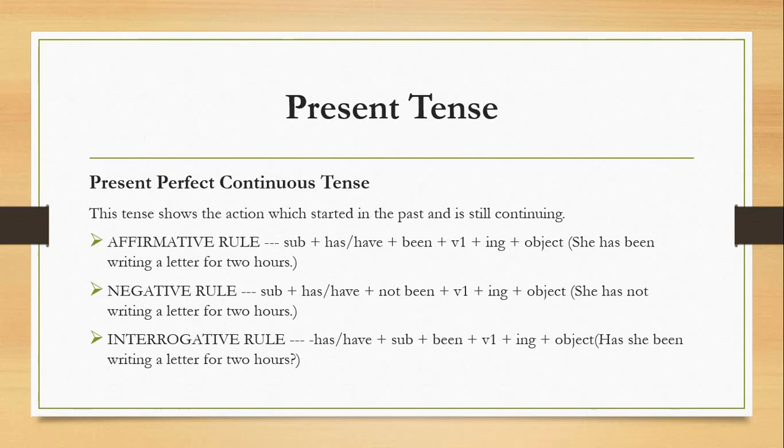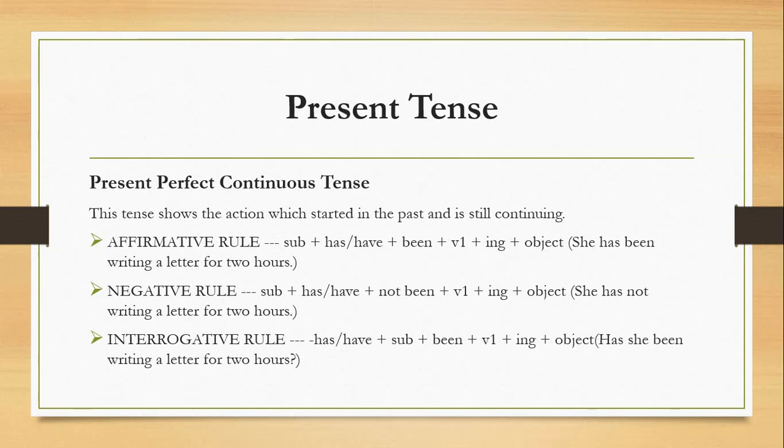So for affirmative: subject plus has or have plus been plus V1 plus ing plus object. She has been writing a letter for 2 hours. Generally, when it is present perfect continuous tense, we always have words like for and since.